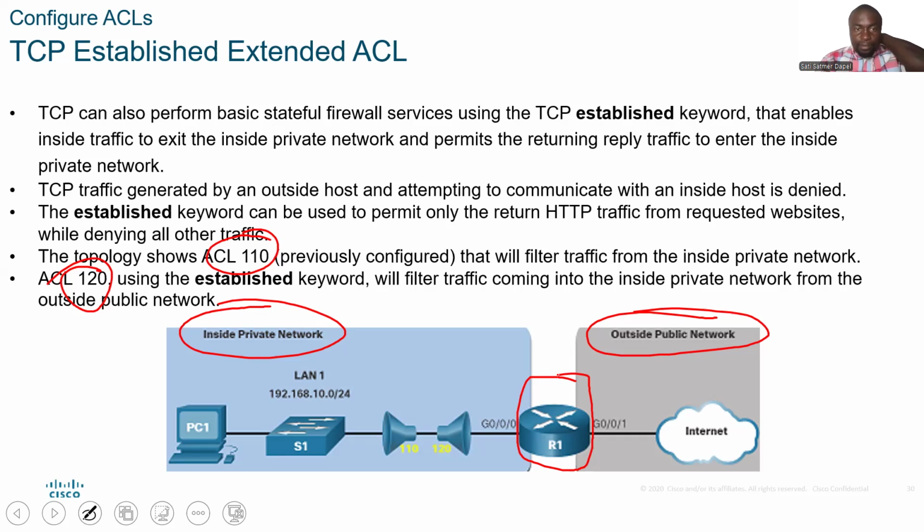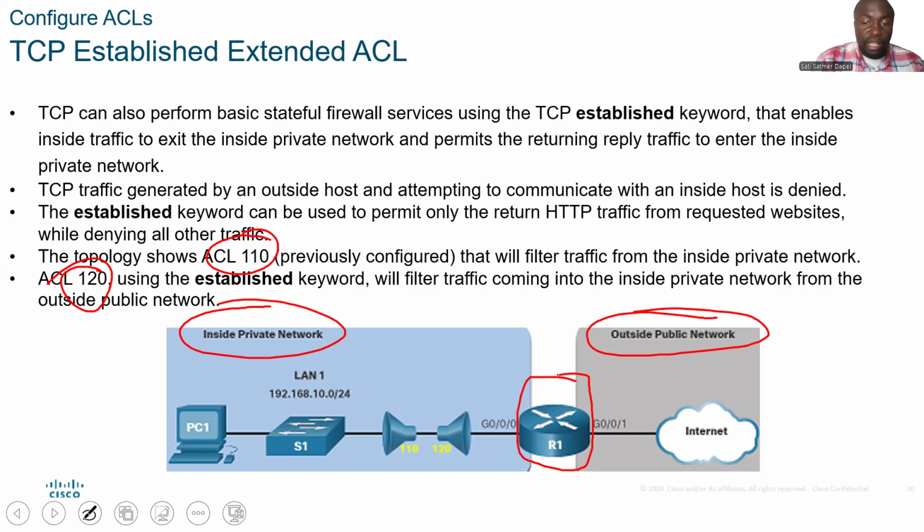Now, as it is now, we need to create an access list for traffic that is coming into the local area network or into the private network, and then an access list that is taking traffic going outside. All right. And that's why you see it here.